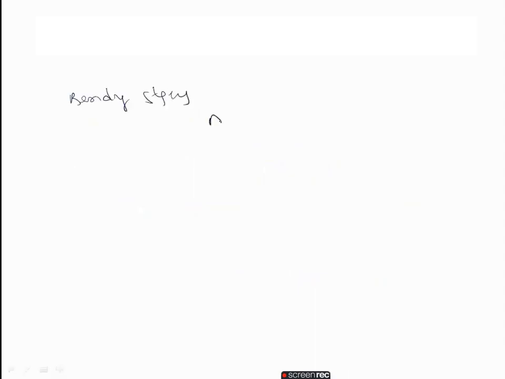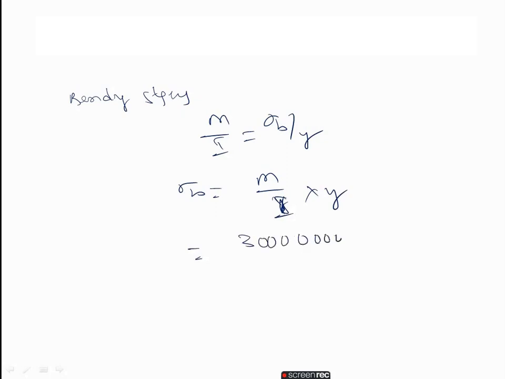How will we calculate the bending stress? We know the formula M by I equal to sigma b by y. So sigma b equal to M by I into y. M is 30 into 10 power 6 newton mm, by I value 28.26 into 10 power 9, and the y value is 800 by 2, you will get 400.